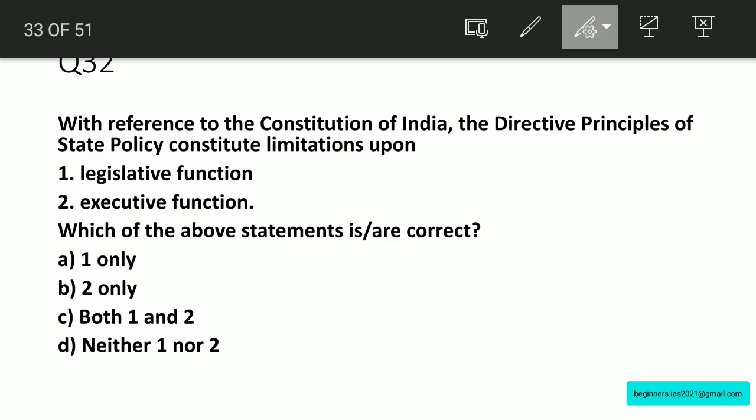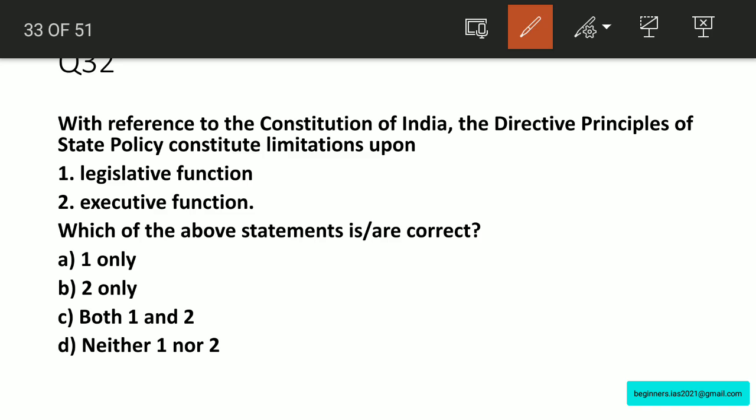Let us move on with question number 32. With reference to the Constitution of India, the directive principles of state policy constitute limitations upon legislative functions or executive actions. See, these directive principles of state policy are not justiciable in nature.